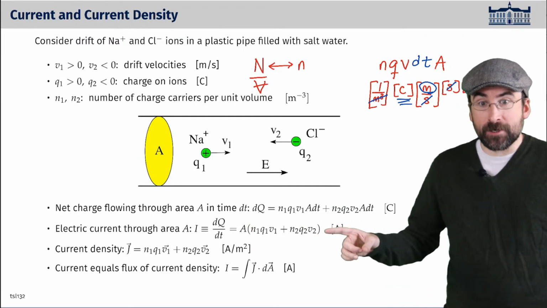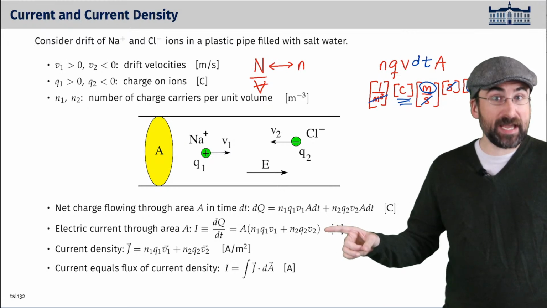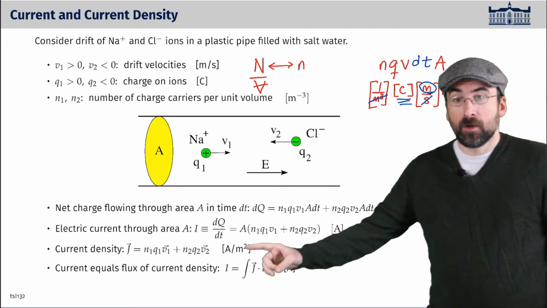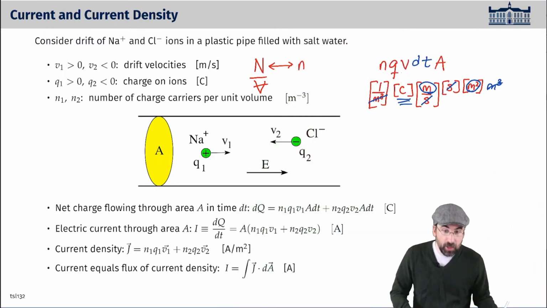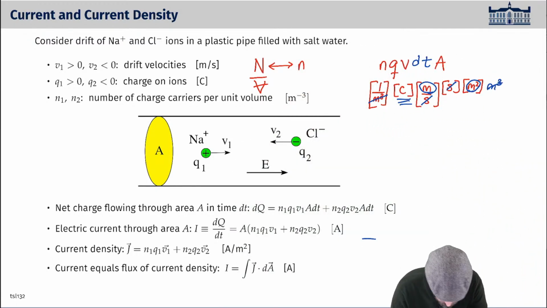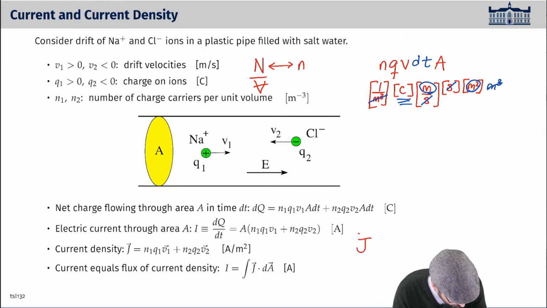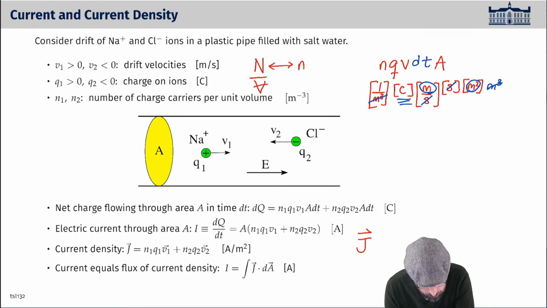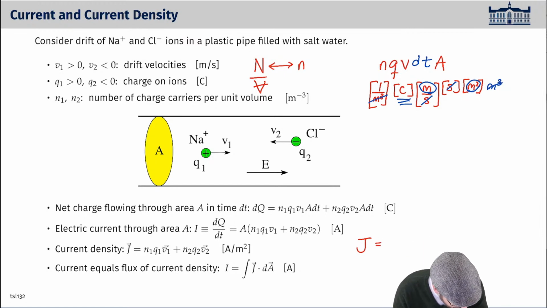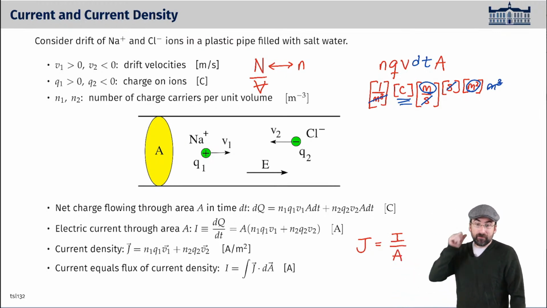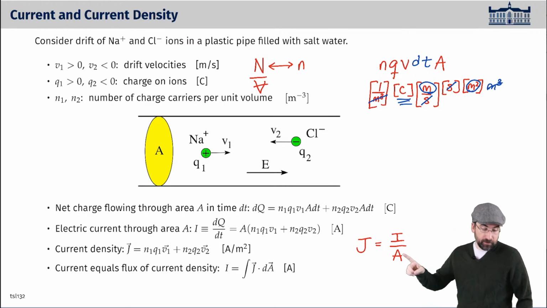This, in turn, allows me to define a second quantity called the current density. The current density, J, I want that to be in red, I'm going to do this with magnitudes for now, is equal to the current divided by the cross-sectional area of the wire.